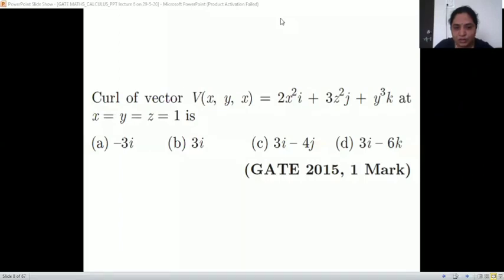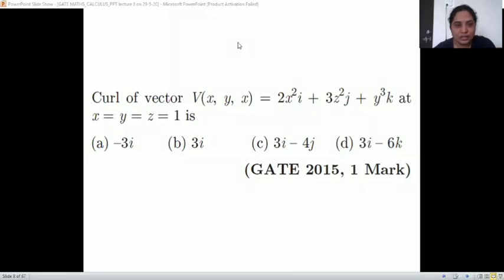You are solving the determinant. First i, j, k, second dou by dou x, dou by dou y, and dou by dou z, and third is 2x square, 3z square, and y cube. And finally, you have to put x, y and z all equal to 1 in that equation. So has anyone completed? Please tell me or I'll go ahead with the answer.